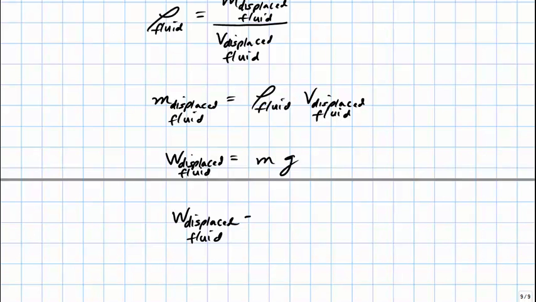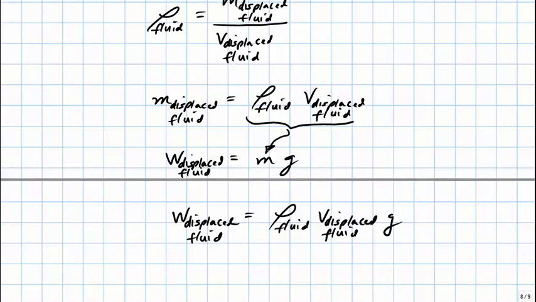And so the weight simply equals the density of the fluid times the volume of the displaced fluid times g. And we obtain this result by simply rolling the mass equation into the weight equation below.